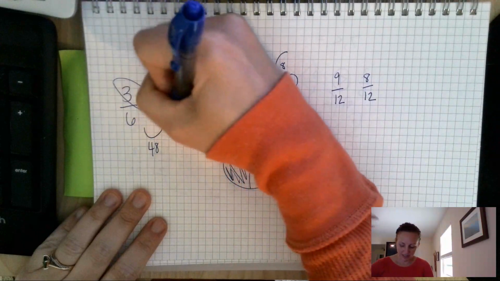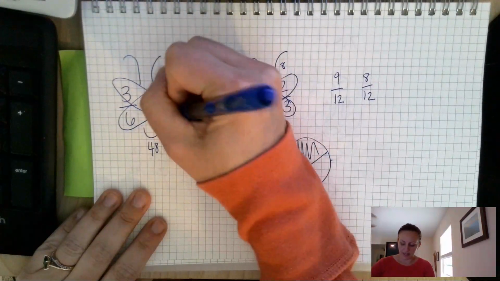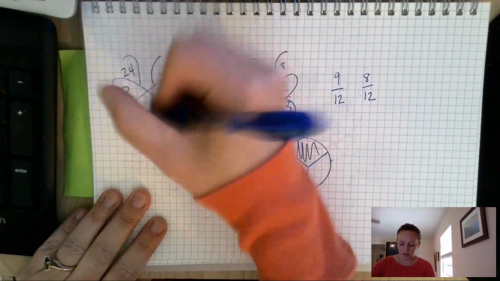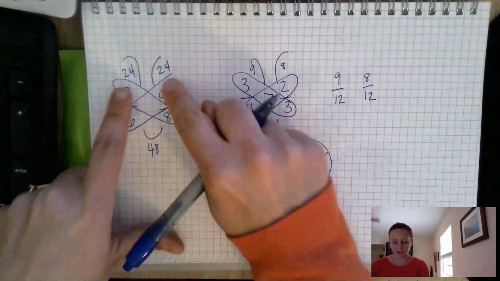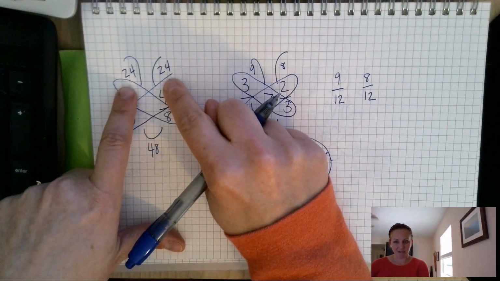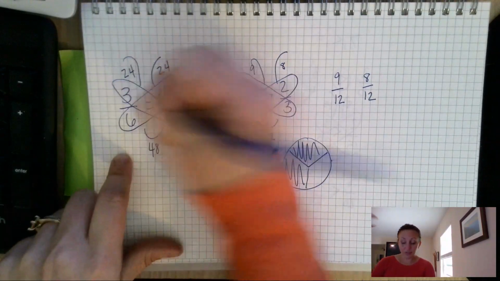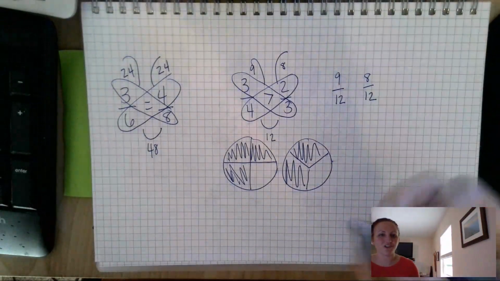All right, multiply. 8 times 3 is 24. 6 times 4 is 24. Oh wait, look at that. They're the same. The same means equal, equivalent. There's another strategy for checking to see if fractions are equivalent.